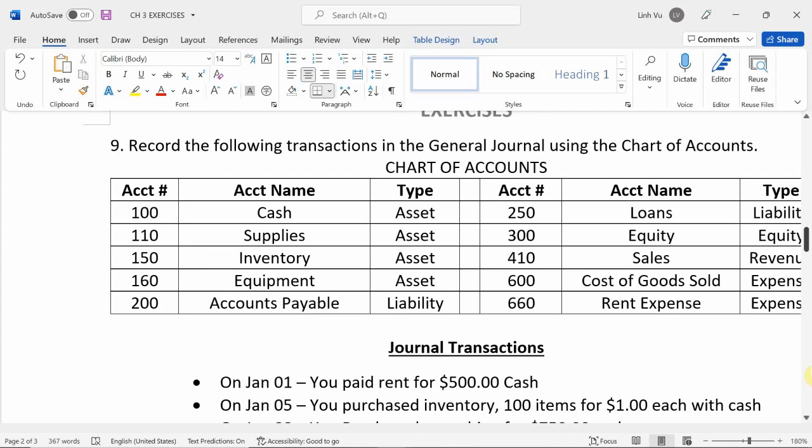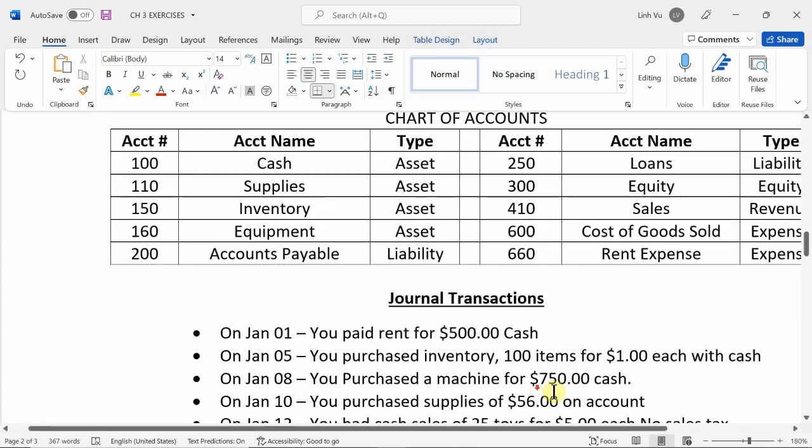Second question is cash. Did I increase my cash or did I decrease my cash? Decrease. I spent it, right? So I'm decreasing it. Now, that's an asset. So am I increasing my asset or decreasing my asset? Decreasing. So am I going to use a debit or a credit? Credit. We're going to credit my cash account, okay?